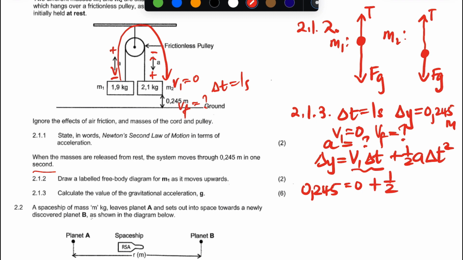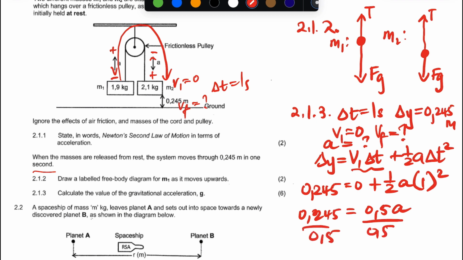And then the acceleration is the one we're looking for, and the time is 1 squared. So we're going to have 0.5 times 1 squared, which is 0.5a, equal to 0.245, and then we divide both sides by 0.5.